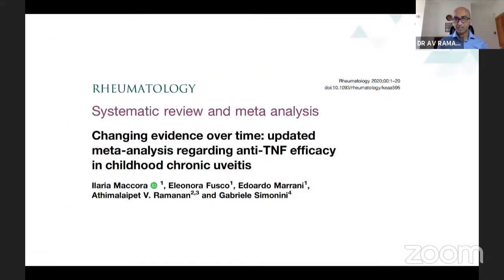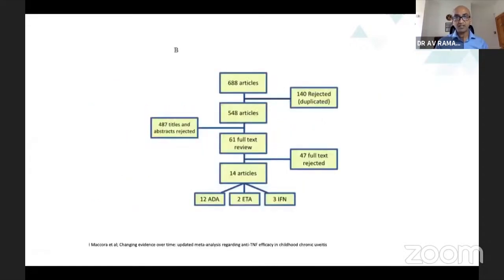So this is a paper we've just published a couple of weeks ago. And what we did was we took all the trials and all the retrospective studies, and we thought we'd do a meta-analysis of the anti-TNF efficacy in childhood chronic uveitis. So we looked at 688 articles.